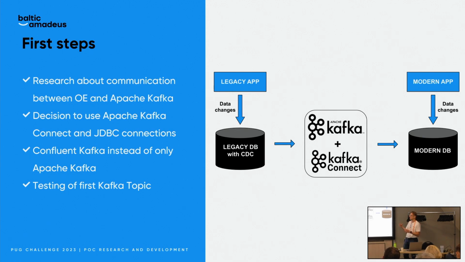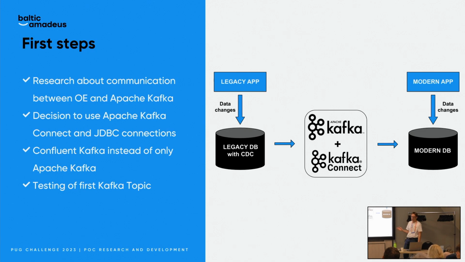The community provides some, but Confluent Kafka has the commercialized versions, so we can just pick up these connectors and use them by just changing the configuration file. We wouldn't have to do any coding.